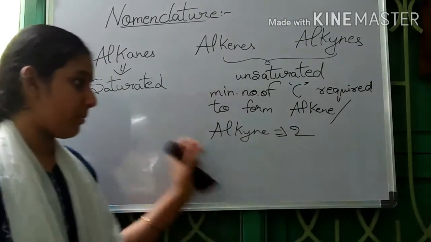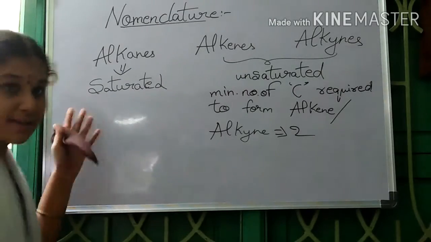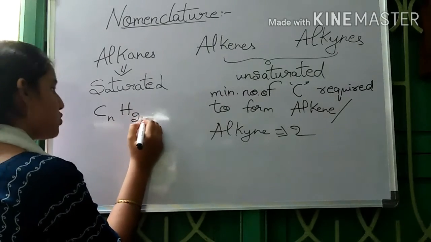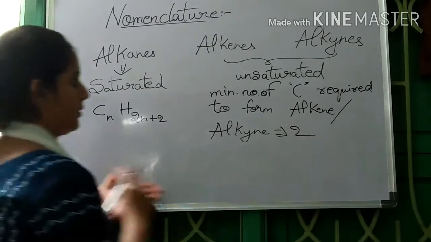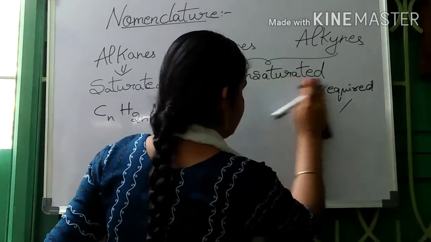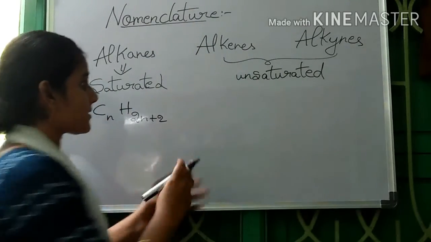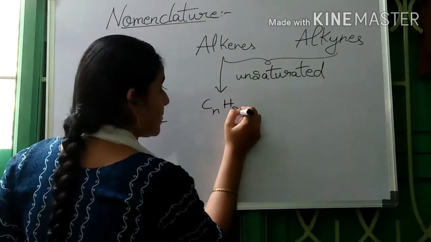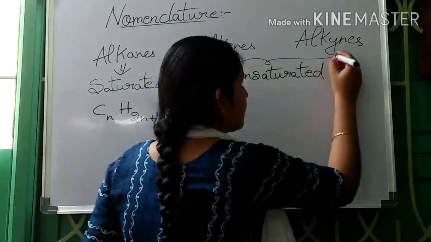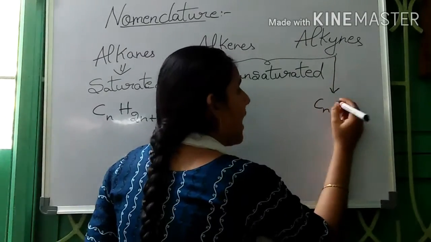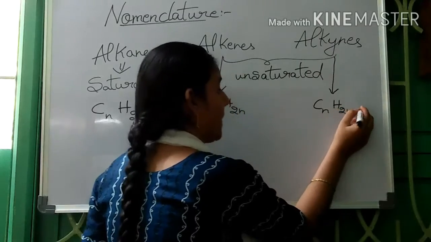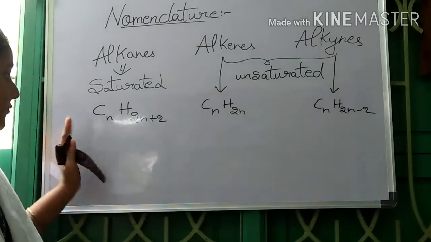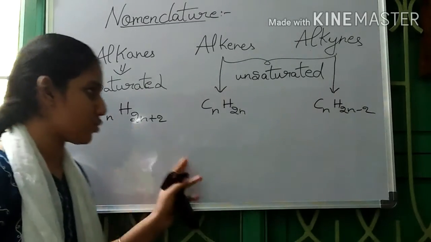Alkanes, alkenes and alkynes follow general formulas. Alkanes follow a general formula of CnH2n plus 2.